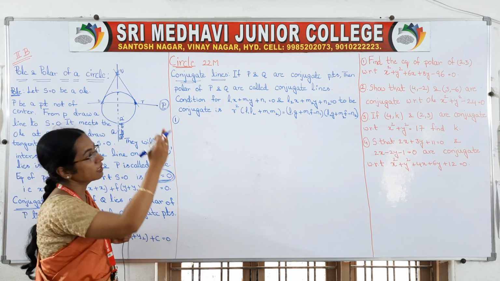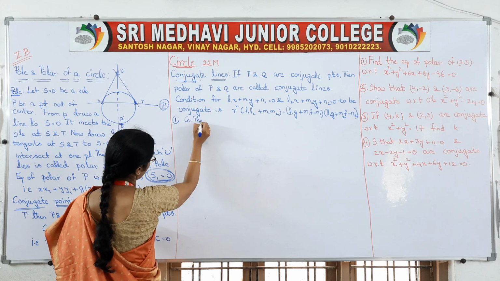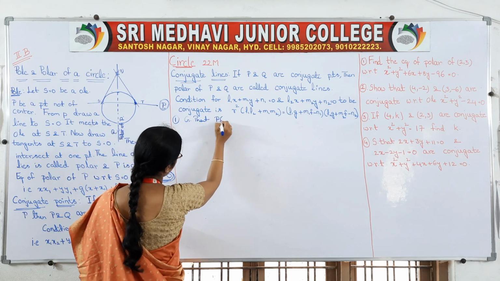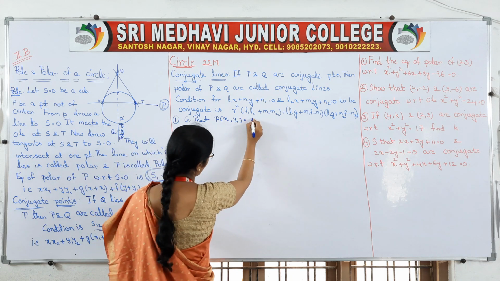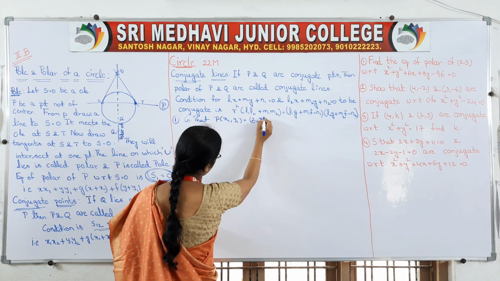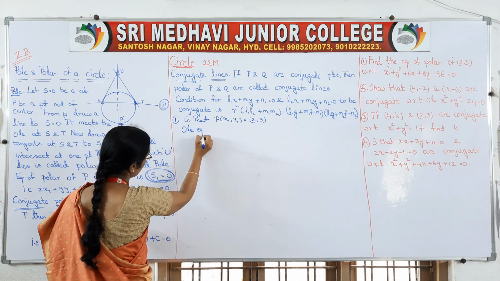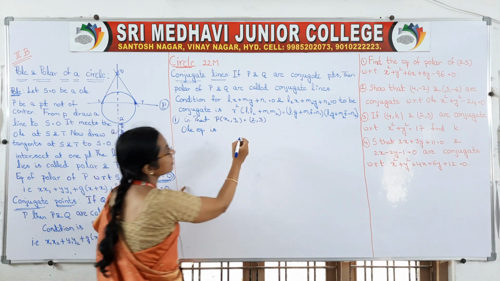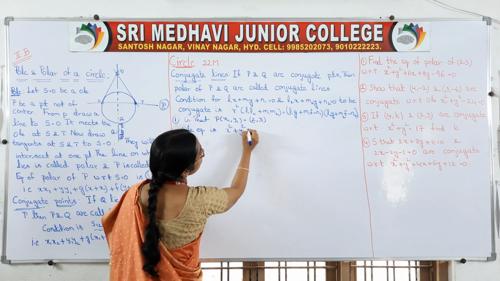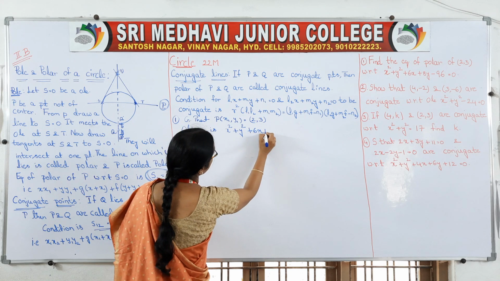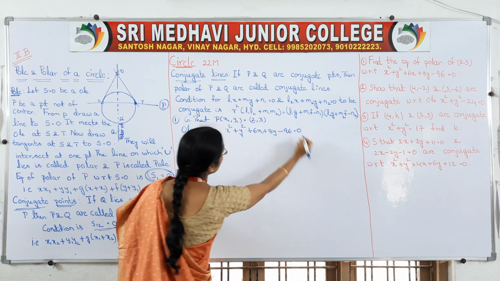So come on, what is the given information to us? P (x1, y1) is equal to (2, 3) is given to you, and also the circle equation is given. What is that circle equation? x square plus y square plus 6x plus 8y minus 96 is equal to 0.